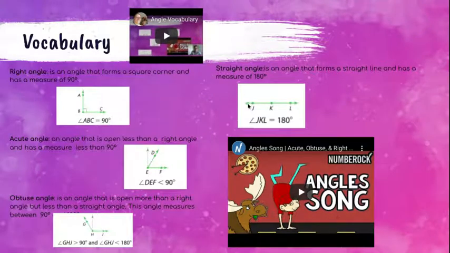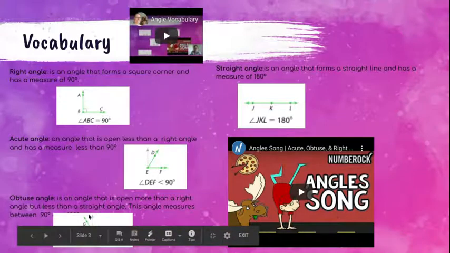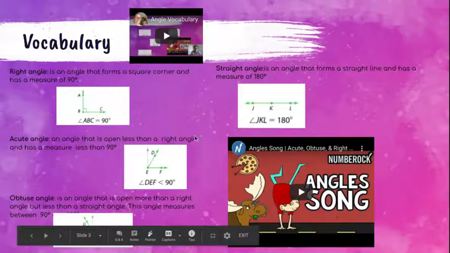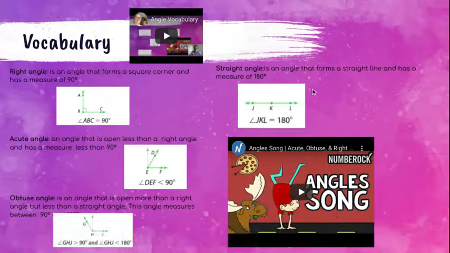A straight angle is like a straight line that measures 180 degrees. An acute angle is an angle that is smaller than 90 degrees. And an obtuse angle is an angle that is a little bit wider than a right angle, and it's larger than both of these. So it's a little bit larger than a right angle, okay? But it's not necessarily straight.